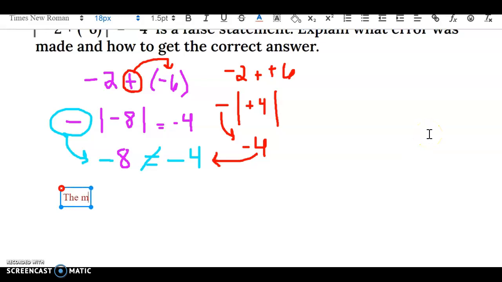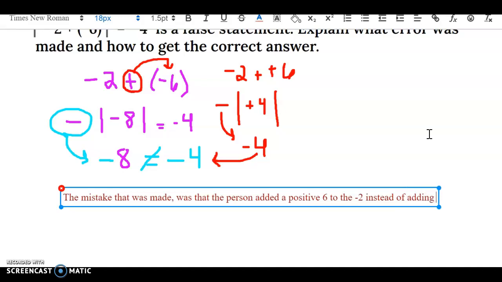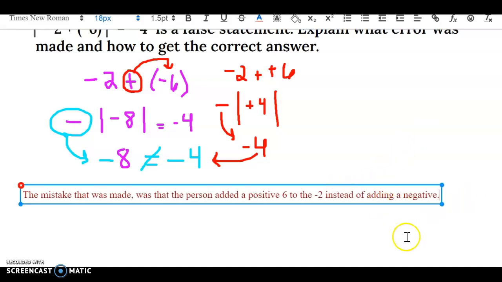So the mistake that was made was that the person added a +6 to the -2 instead of adding, oh gee, that's so sloppy, of adding a negative. So they added a positive 6 to the negative 2 instead of adding that negative.